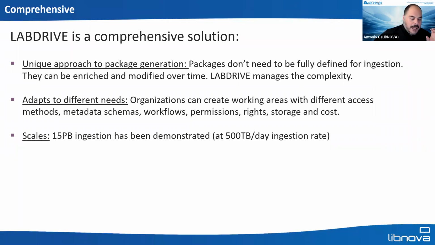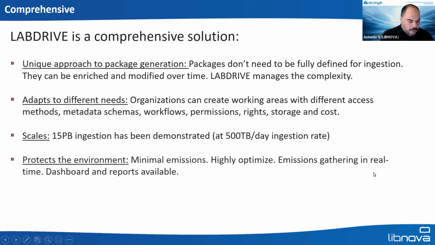When someone is ingesting a few million files, the system will scale up to 5, 6, 7,000 pods working in parallel to achieve this level of performance during any of the different processes.